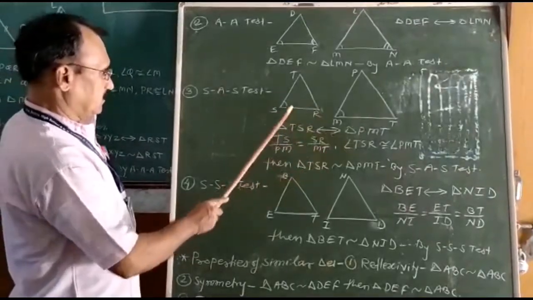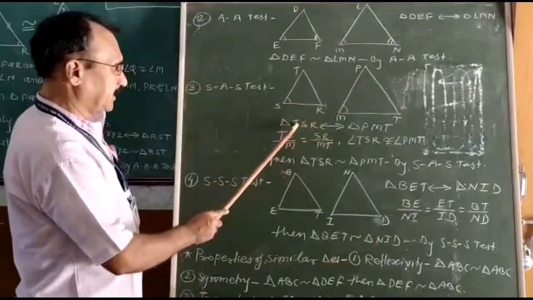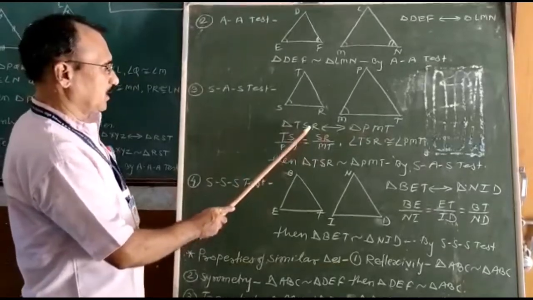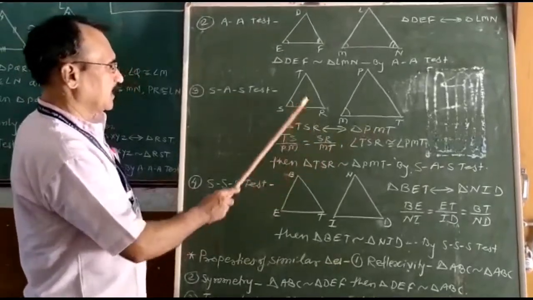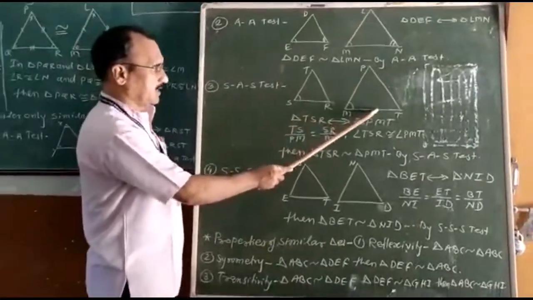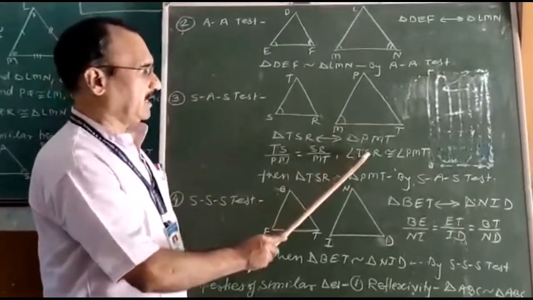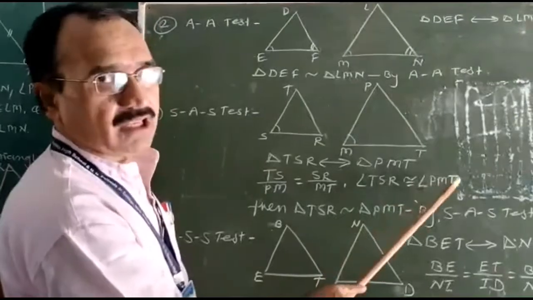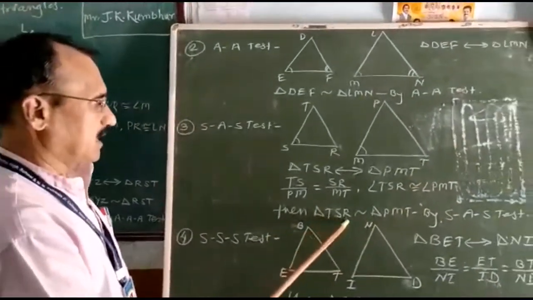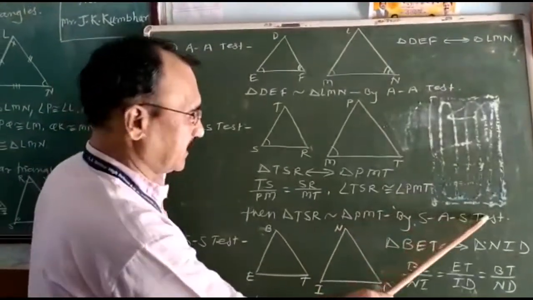In these two triangles, according to this correspondence, TS upon PM is equal to SR upon MT. That means this side upon this side is equal to this side upon this side, and the angles in between these two are congruent. Therefore triangle TSR is similar to triangle PMT by the SAS test.